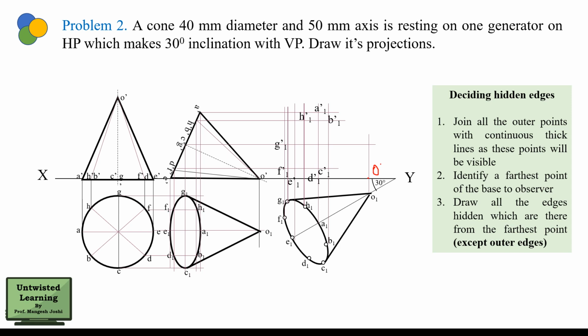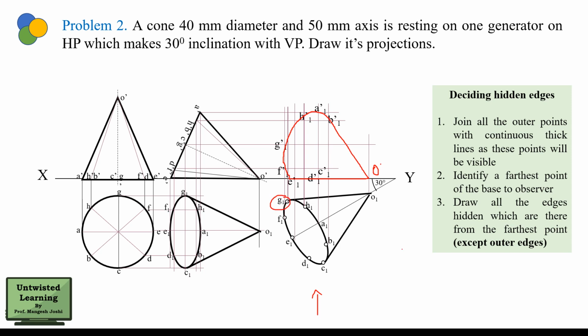Again the same case, first you will draw the outer line as dark. Okay, this is the outer line, and you are seeing from here for drawing the front view. So your farthest point is the G point.